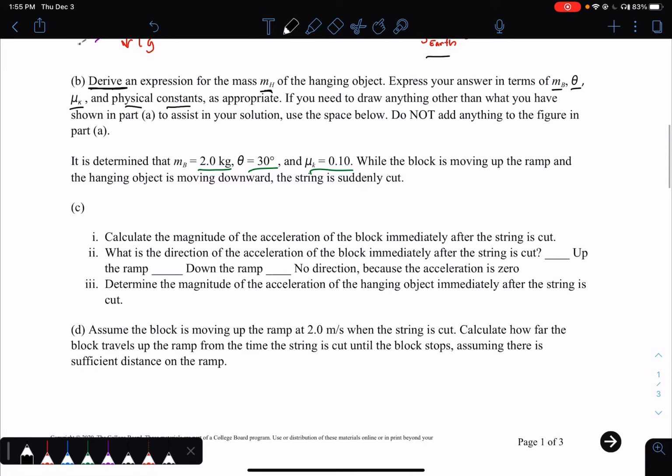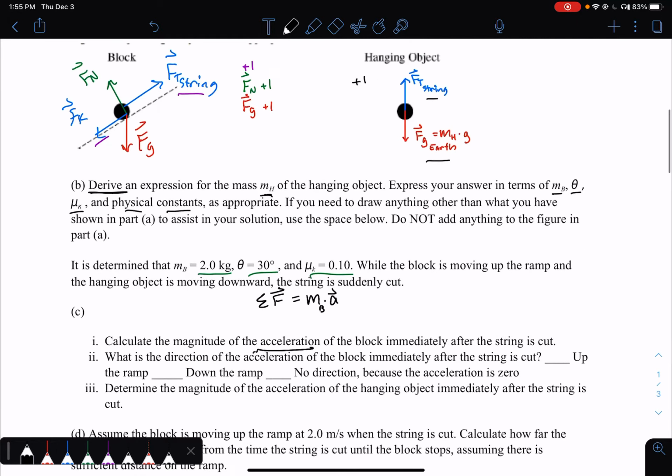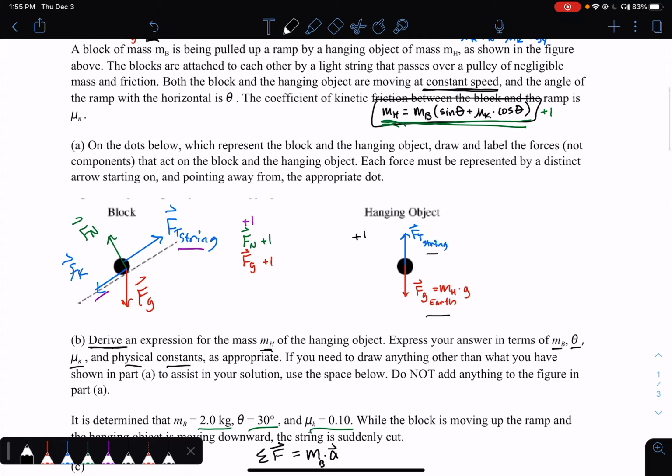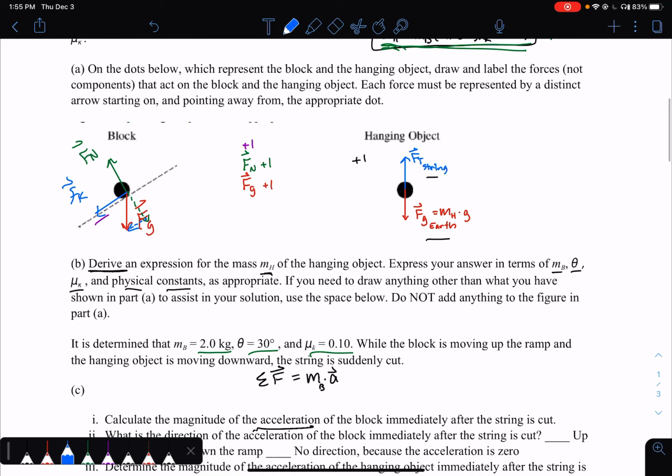So again, we're doing acceleration, which means we've got to sum our forces, mass times acceleration, and we're doing this for the block. But here's the thing, that block no longer has any tension, which means these two components, FGX and FK, are both working to stop that block.